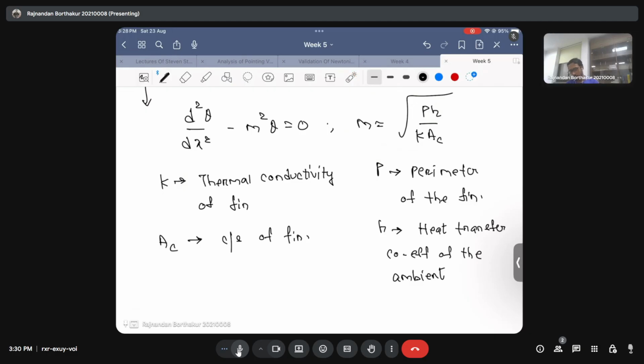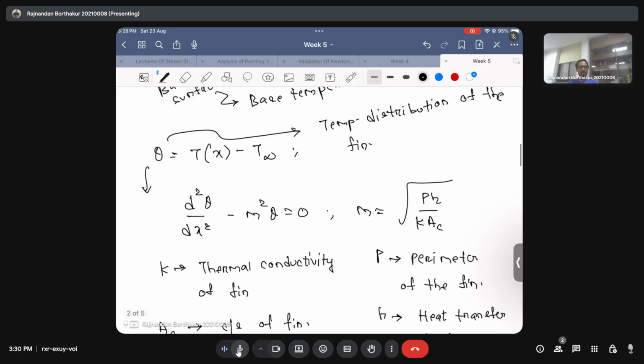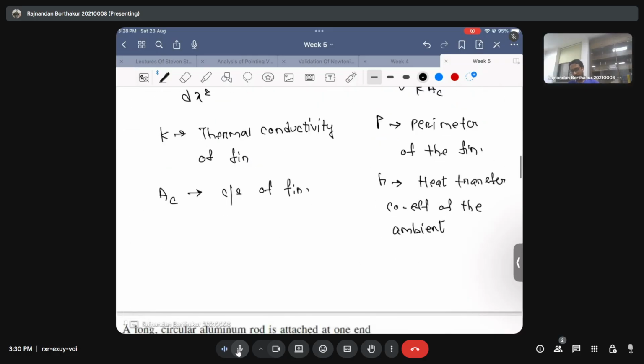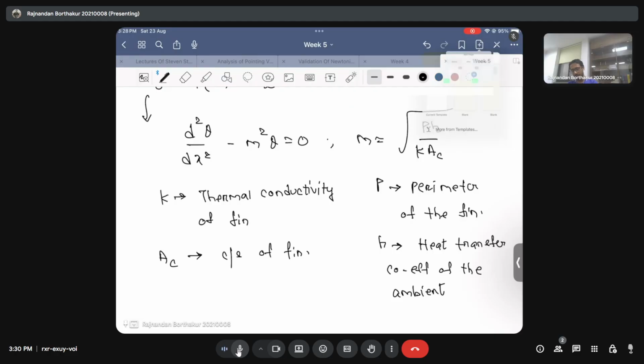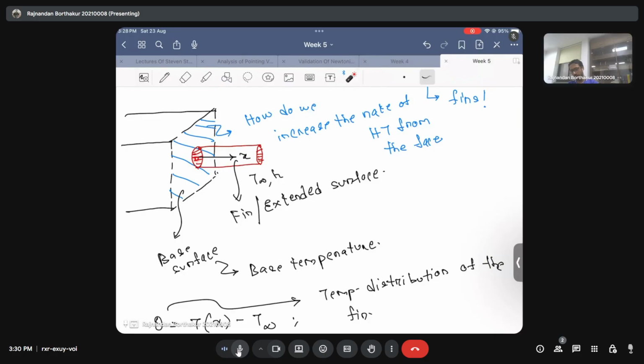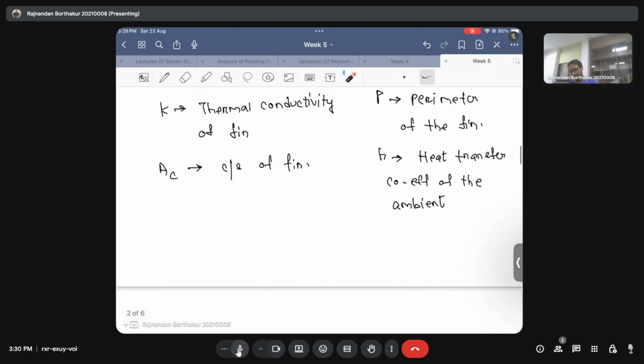Now, given this, what we'll do is we'll always specify at x equal to 0. You can understand that if I start my x axis from the point where the fin started, then at x equal to 0, what will be theta? Theta will be just Tb minus T infinity, right?